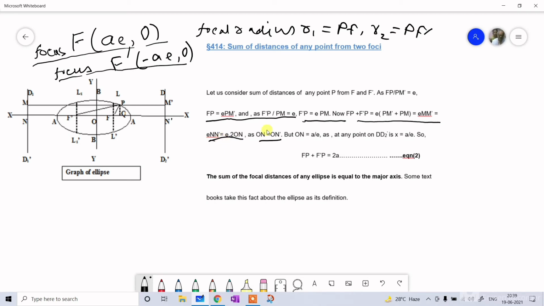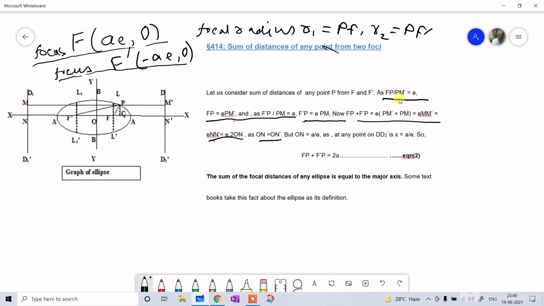Now we have established that FP by PM' is equal to e, so that FP is equal to e times PM'. As F'P by PM is equal to e, we have F'P is equal to e times PM. So adding these two, FP plus F'P, the sum of the focal radii, is e times (PM' plus PM). But what is PM' plus PM?